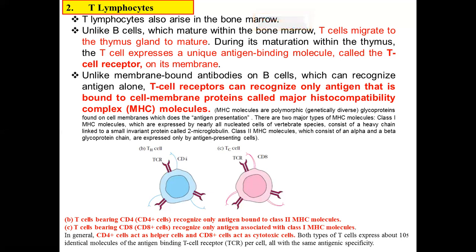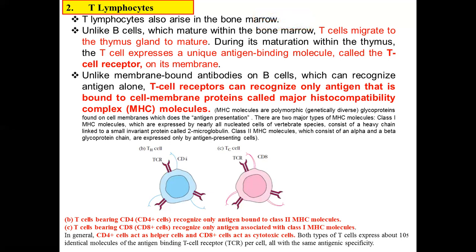Then only the T cell can recognize the antigen loaded with class 1 or class 2, and then the T cell gets activated and differentiated. So the T cell needs antigen presenting cells, which process the antigen by phagocytosis, and then the whole antigen is chewed and degraded into small antigenic peptide molecules.